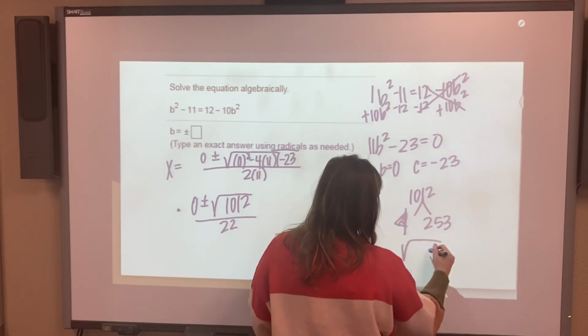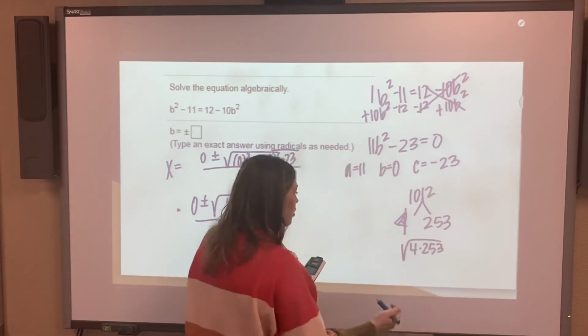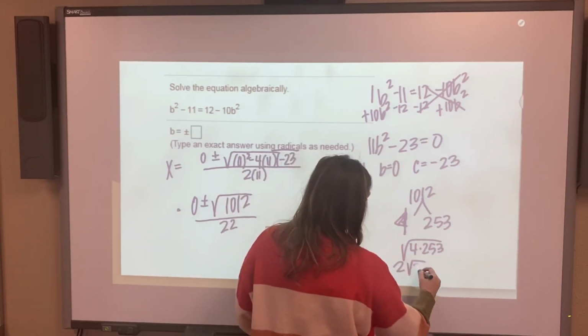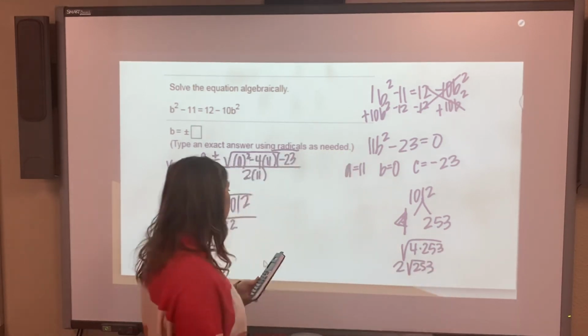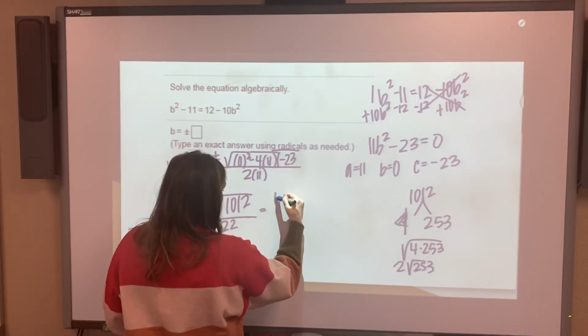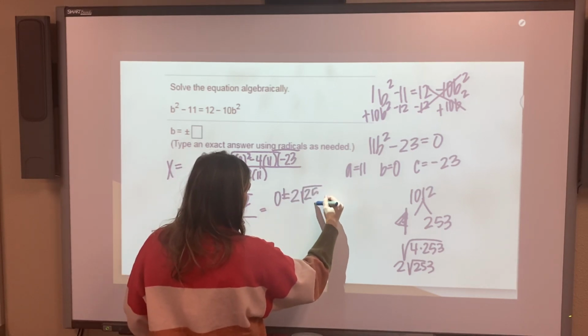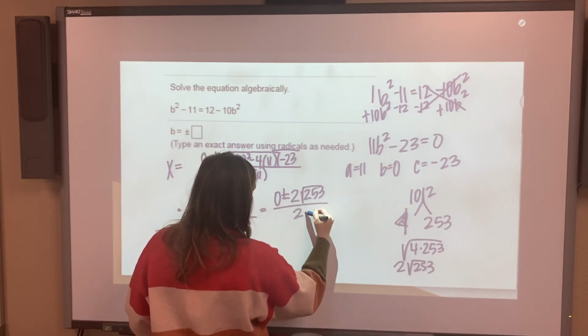So the square root of 1012 is the square root of 4 times 253. Square root of 4 is 2, so this would be 2 root 253. So that I'm going to replace here. So we have 0 plus or minus 2 square root of 253, all of that over 22.